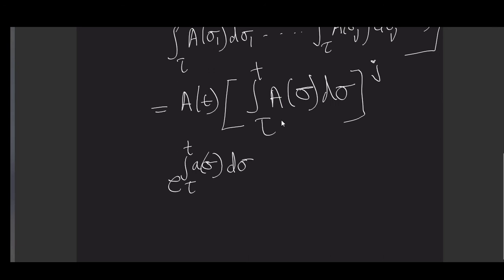Now let us go to some general properties. T is the final time, tau or T naught the initial time, and sigma an intermediate time. We can write that the transition matrix for AT.